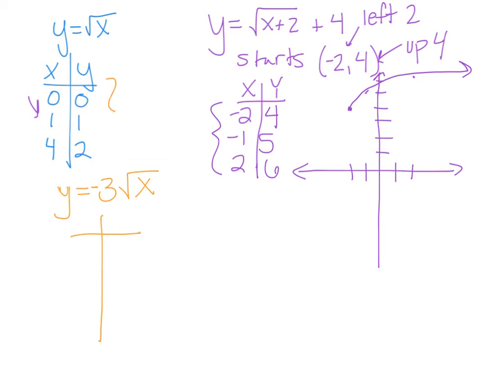The values that we had are going to be multiplied by negative 3. So we're not changing it left or right. We're still going to use 0, 1, and 4. But the y values, the outputs, are going to be multiplied by negative 3. 0 times negative 3 is 0, 1 times negative 3 is negative 3, and 2 times negative 3 is negative 6. So it's going to open down.